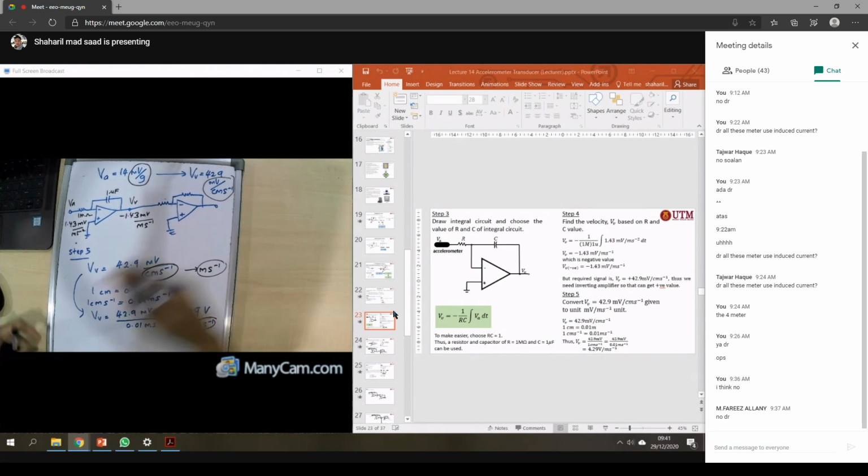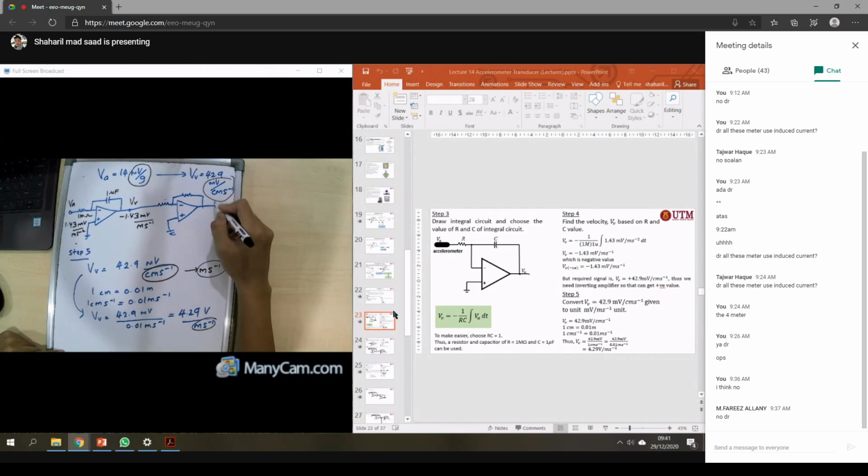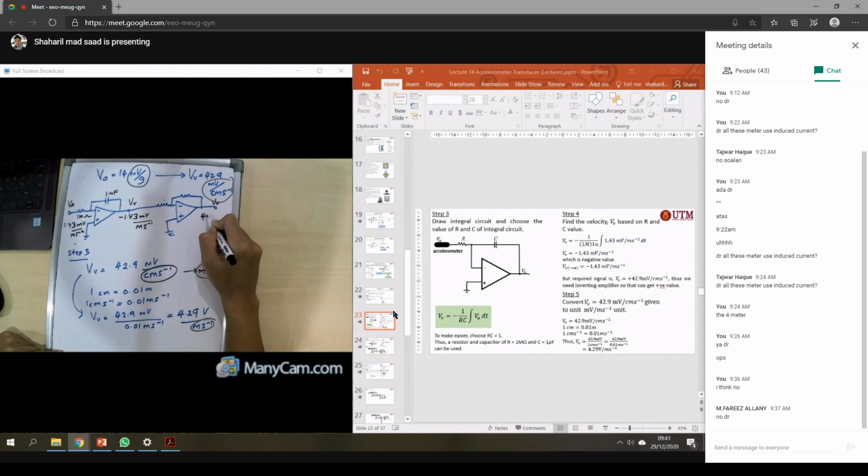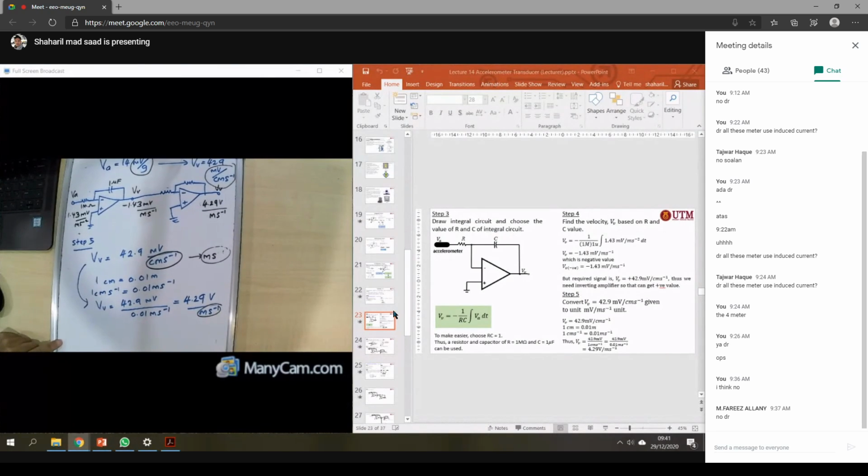Then this one, your VB that you want is 4.29 volt per meter per second. Okay, right?